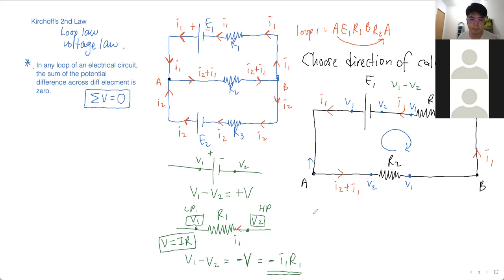Okay, now the third component, R2. Here is my R2.